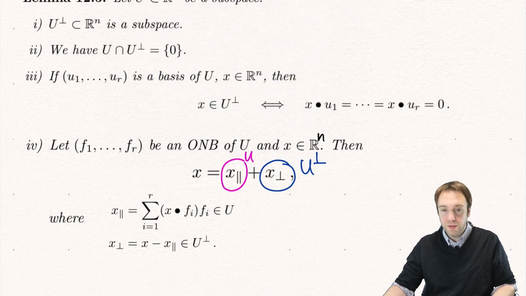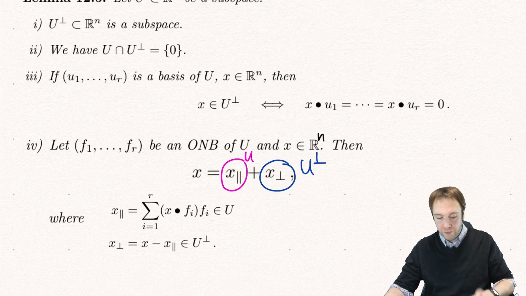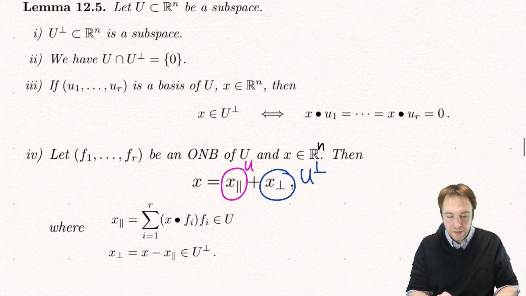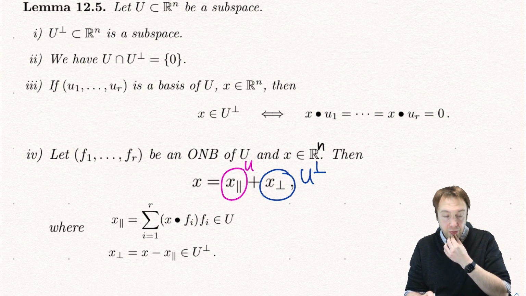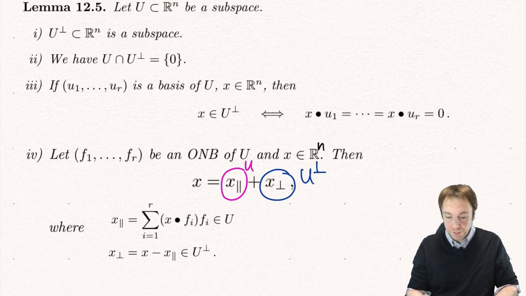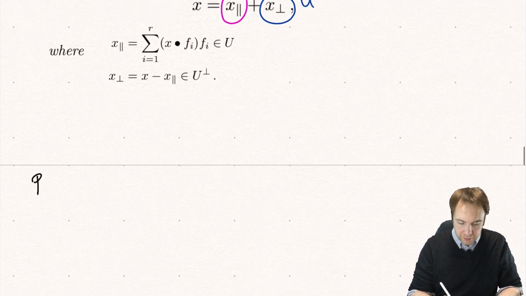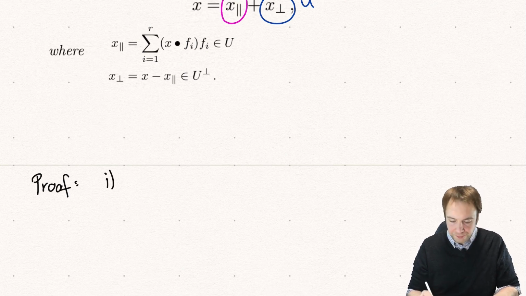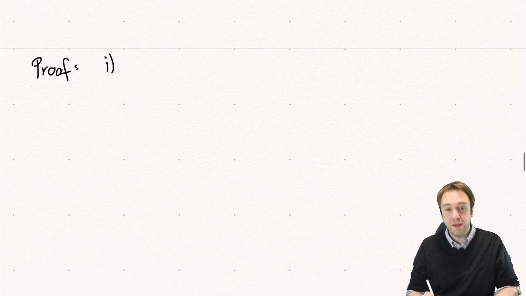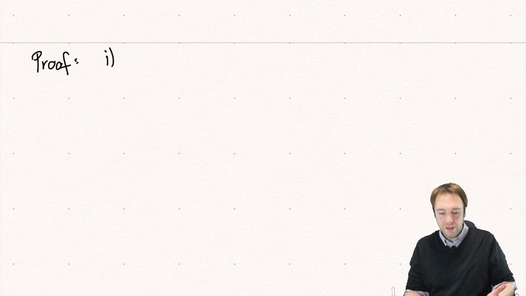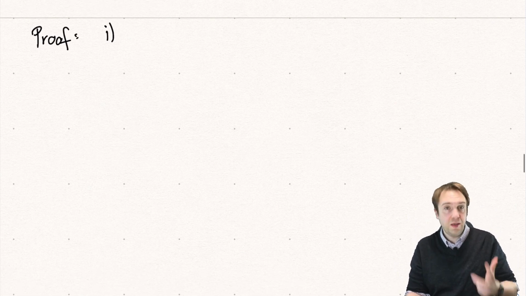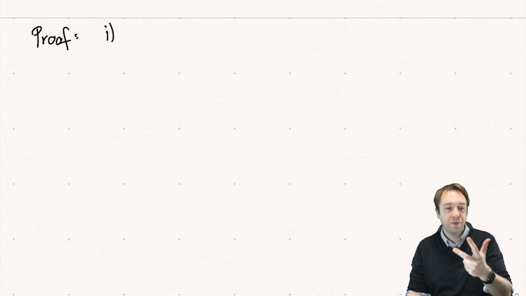Okay, so let's prove this lemma. First we want to check that the orthogonal complement is a subspace, and this is actually quite boring to prove. To check that something's a subspace, we can show these three conditions.